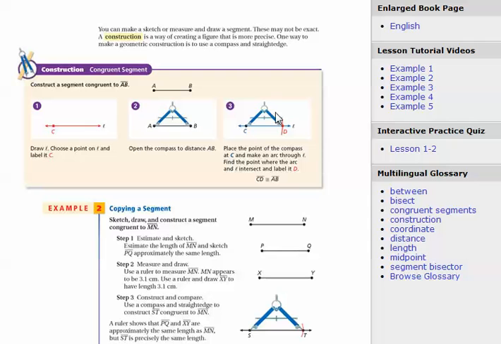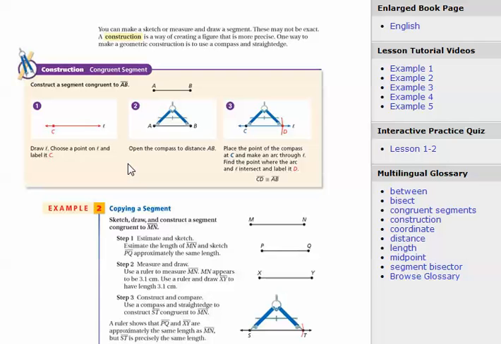When we do basic constructions in geometry, construction is a way of creating a figure that is more precise. Instead of just drawing a line freehand, we can be more precise. Throughout this book and our class, you're going to notice different construction problems, and they're going to show you and talk about some of the tools you can use.